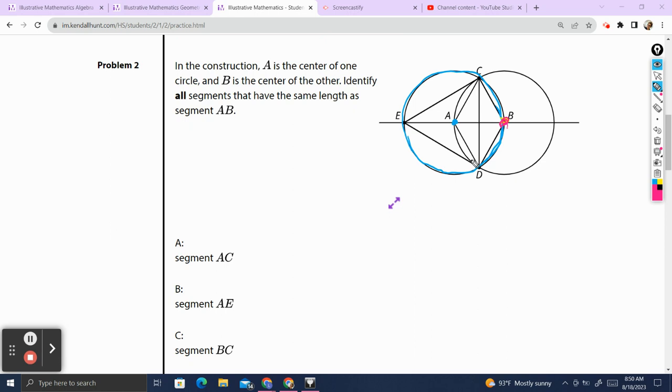B is the center of the other, so we have the center B right here. We have two circles, and we actually have the same construction as in problem 1, where they share the same radius, because the radius of circle B is over here, and the radius of circle A is actually the same line right there. We need to identify all segments that have the same length as segment AB.